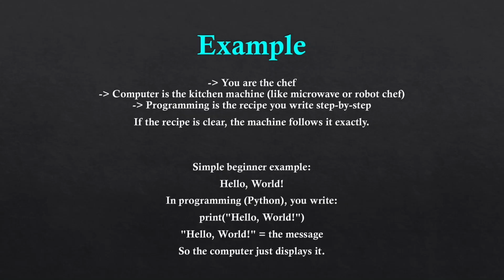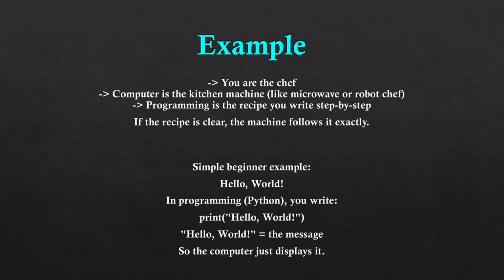If I want to give it in programming terms, it is like you're writing a code in a particular programming language, and if you write print hello world, then what is the message given to the computer? That is, the computer has to print hello world on the screen.